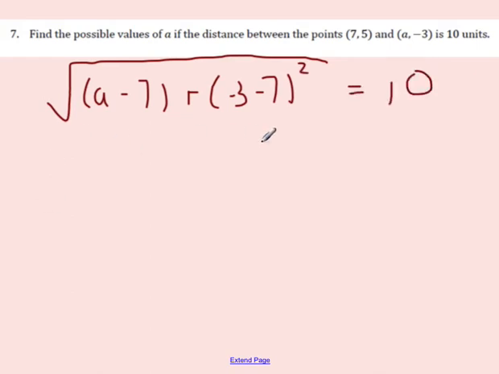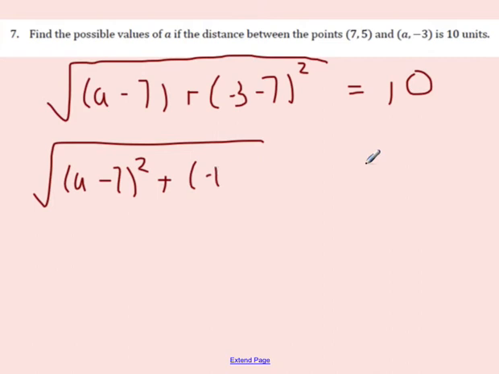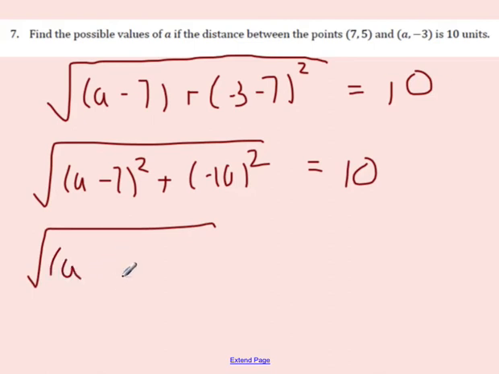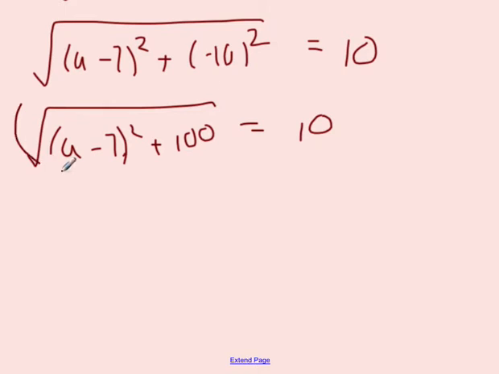So I get the square root of a minus 7 squared plus negative 10 squared is equal to 10. Now I need to start solving this radical equation. The first thing I need to do is get rid of the square root. Since it's isolated, I'm going to square both sides.